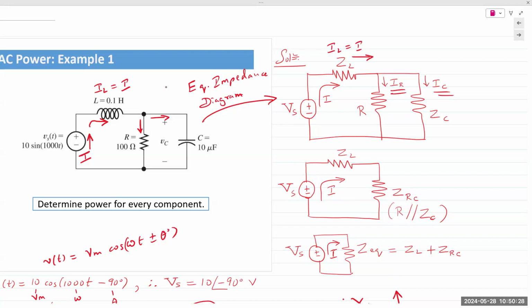It reaches the junction and splits in two. So we can apply KCL and state I is equal to IR plus IC. Total current from the source goes through the inductor and then splits between the resistor and the capacitor.